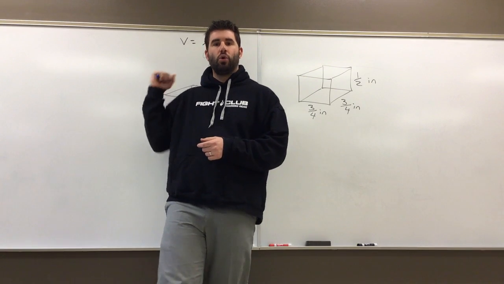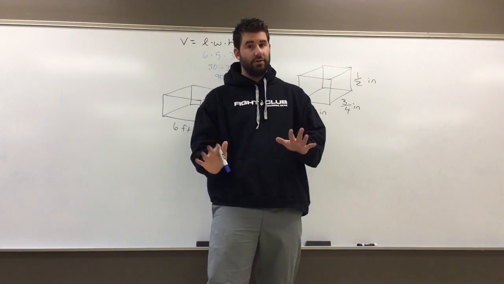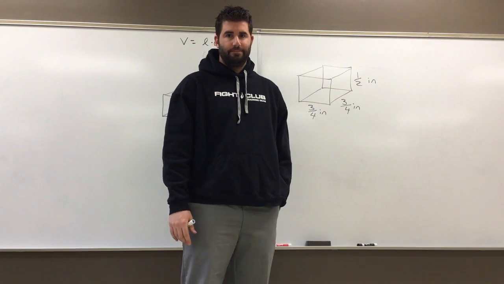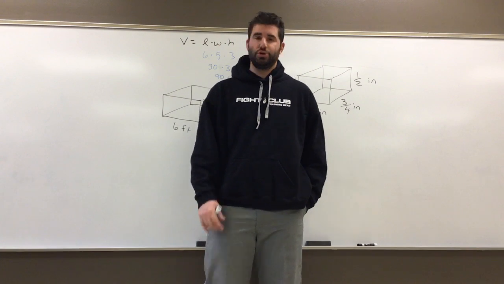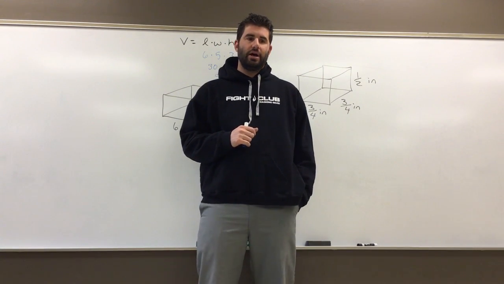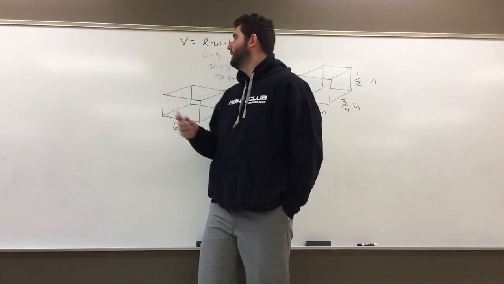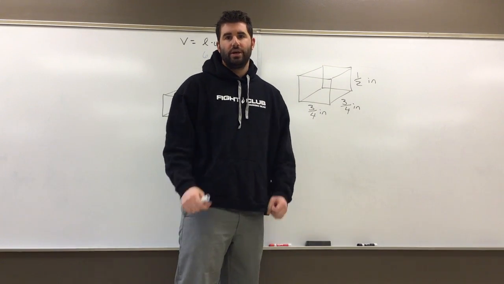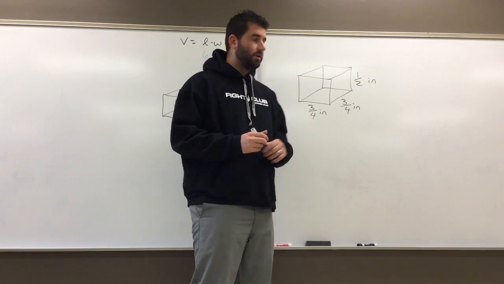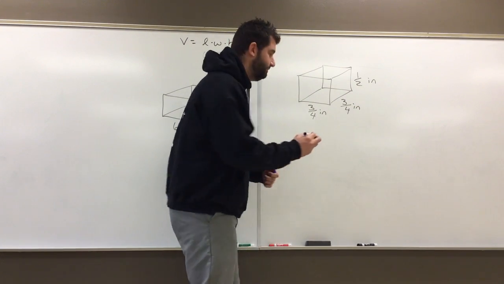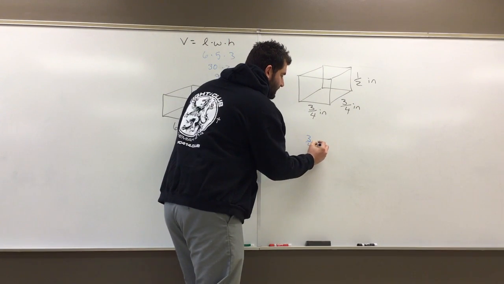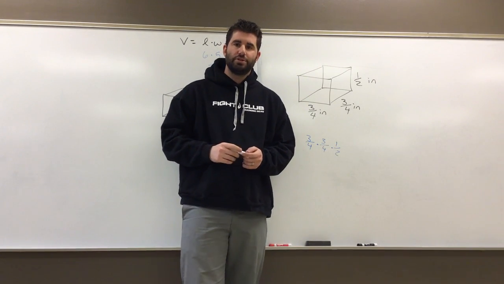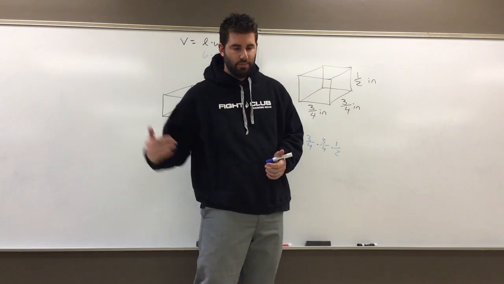Now, in addition to doing whole numbers like this, and yes, you can use a calculator, we are also going to do some fractions. It's still the same concept. You just got to do a little bit of old school math on paper to make this a little bit easier for you. It's still length times width times height. The difference is I gave these to you in terms of fractions. So here's my length and width, and there's my height. 3/4 times 3/4 times 1/2. When you multiply fractions, you just multiply across the top, you multiply across the bottom.